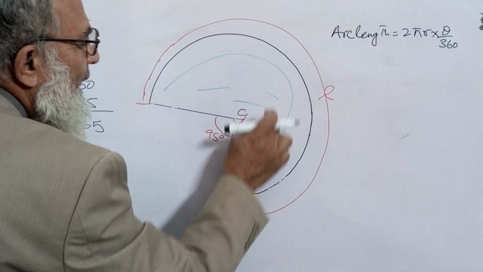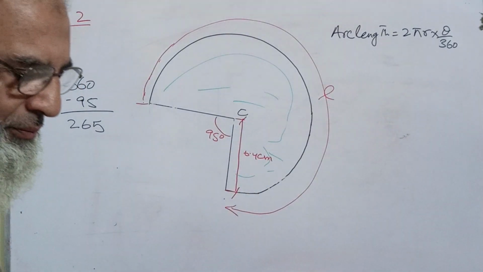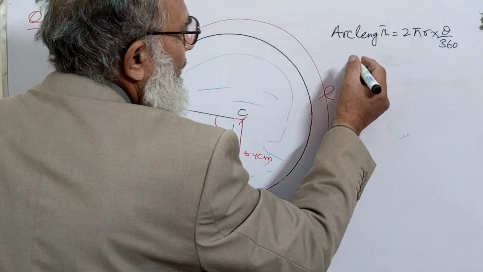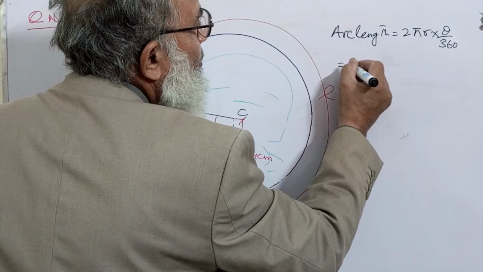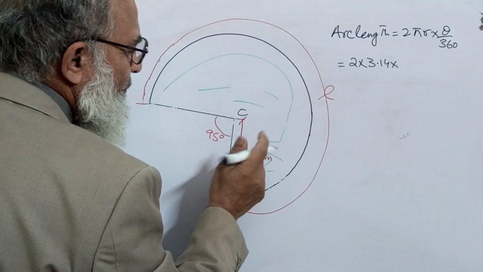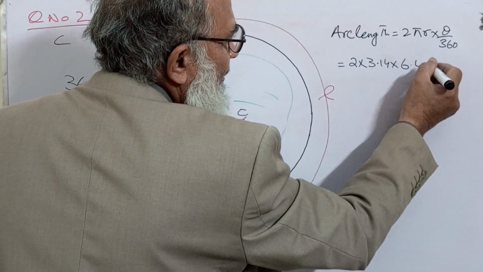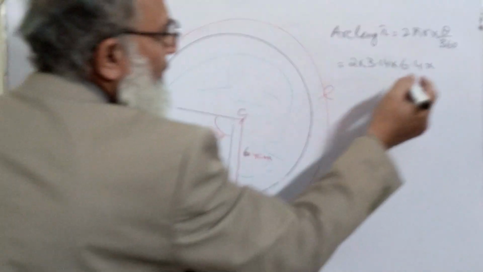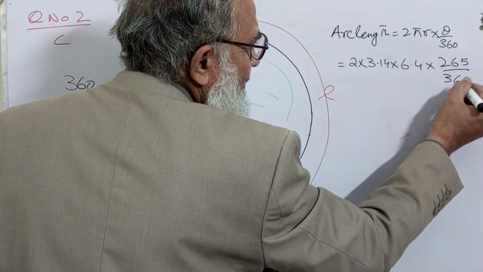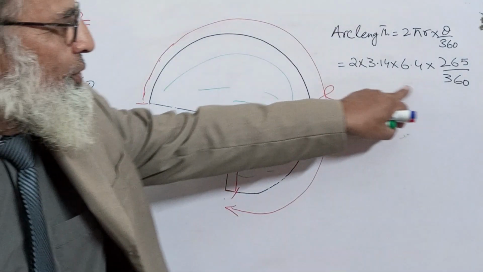Now this internal angle is 265 degree. So what we are left with is 2 into pi 3.14, radius is 6.4, multiplied by 265 divided by 360. Okay, now this is your whole story.